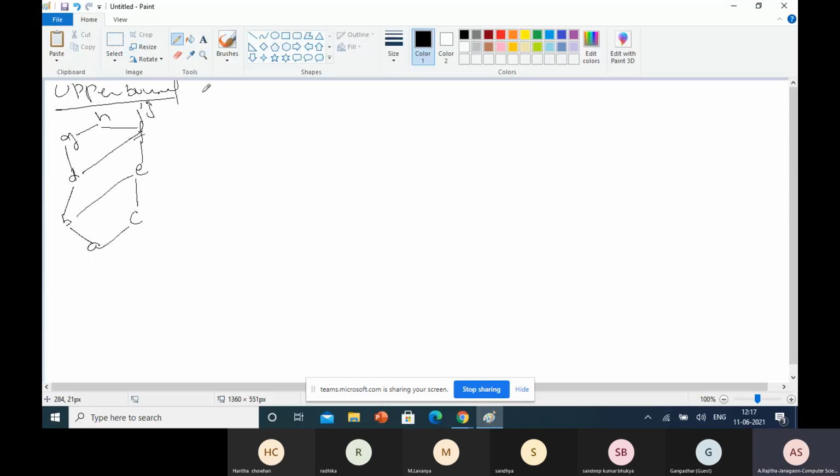Here first you can observe the maximal elements.